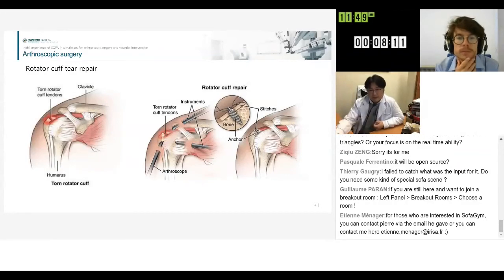The application was two orthopedic surgeries using arthroscope, a kind of endoscope for orthopedic surgery. The first one was rotator cuff tear repair, which is basically to retract the torn parts of muscle to the other parts of bone to make the connection again.